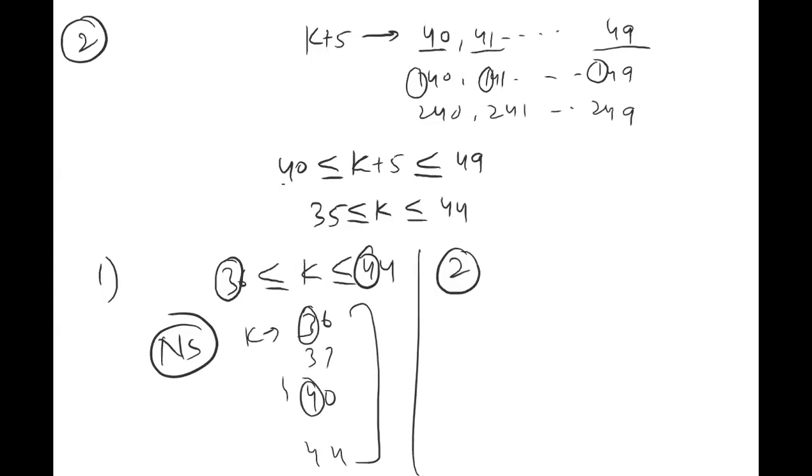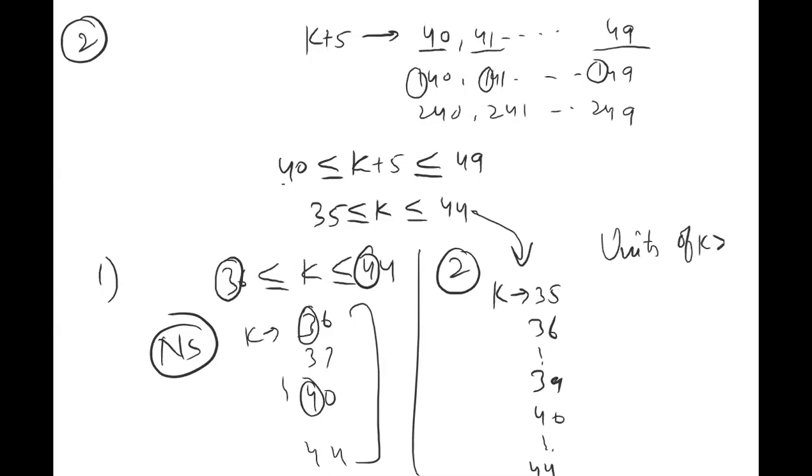The second statement says, okay, from the question k could be 35, 36, 39, 40 till 44. The second statement says the units digit of k is greater than 5. That means it can't be anything in the 40s.